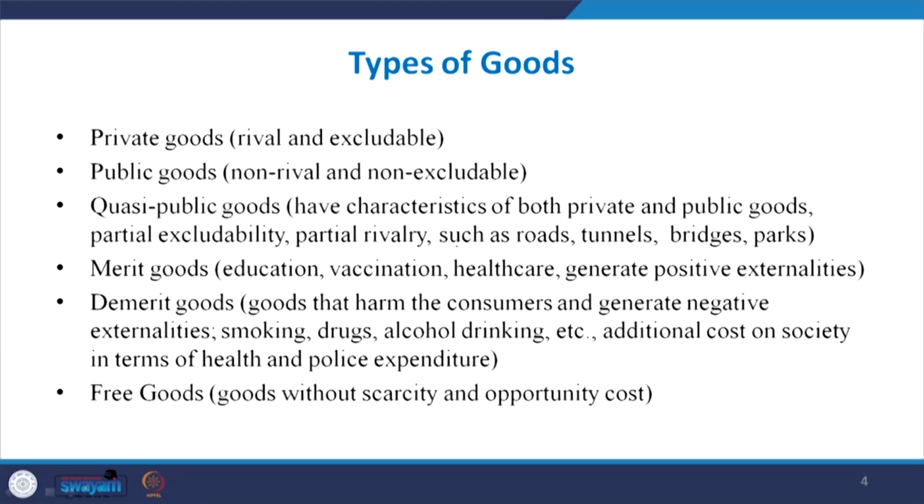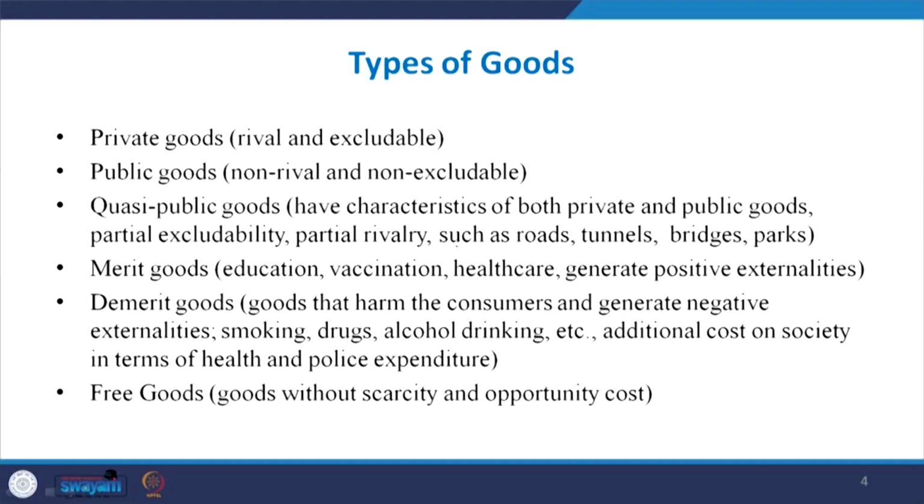So, if roads are made by the government, roads may be considered public goods, but restrictions may be imposed by the government by imposing tolls, taxes, etc., and in that sense the product may be a quasi-public good. There are other kinds of goods which are known as merit goods.